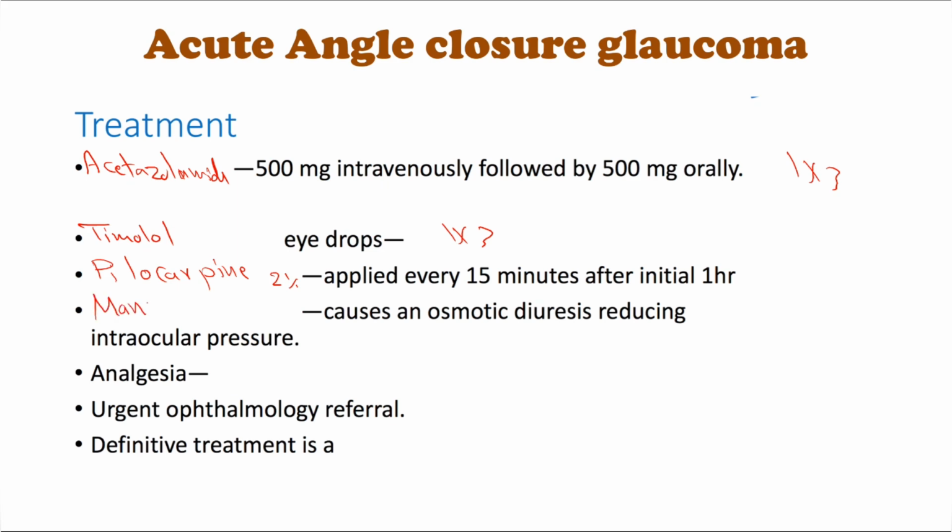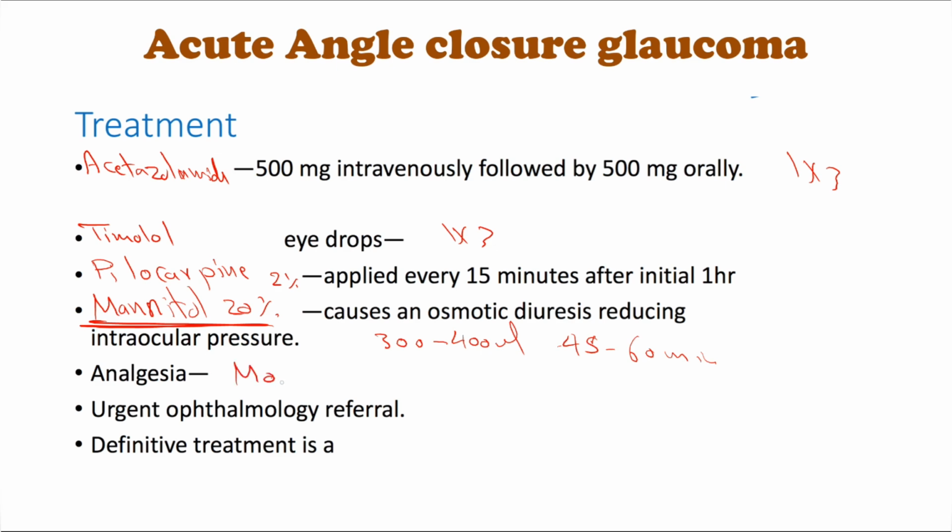Mannitol is very important. Usually, ophthalmic doctors send the patients to give them mannitol. The mannitol we usually use is 300 to 400 ml. We use it over 45 to 60 minutes. It will cause osmotic diuresis, which reduces the intraocular pressure.